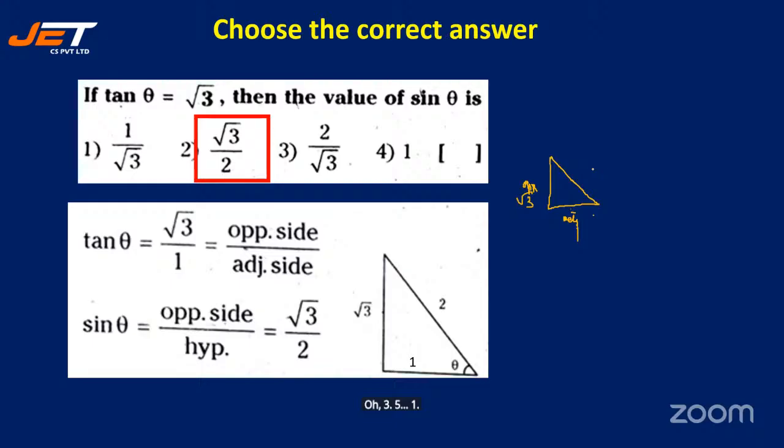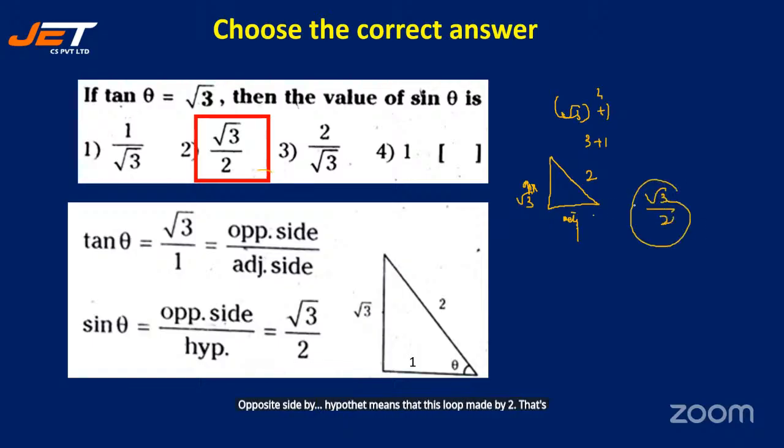The hypotenuse should be root 3 the whole square plus 1, that is 3 plus 1, 4. So root 4 is 2. So now with this you can find out sine theta. Opposite side by hypotenuse, that is root 3 by 2. That's how your answer is root 3 by 2.